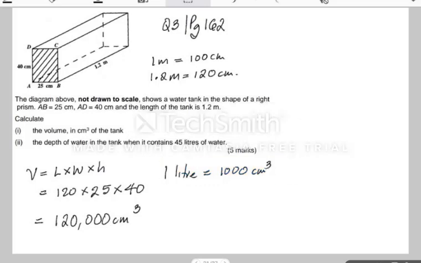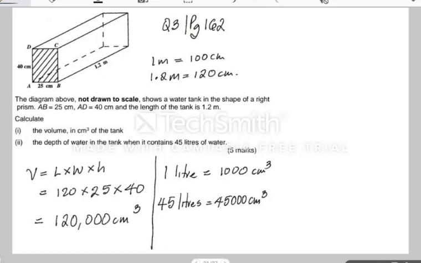Therefore, 45 liters would be equal to 45,000 centimeters cube.